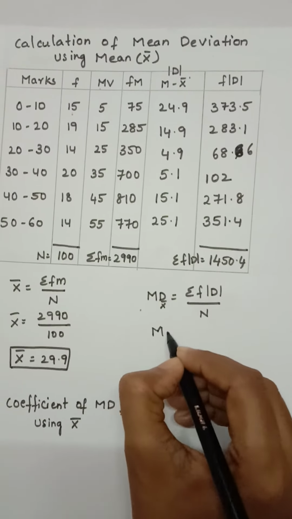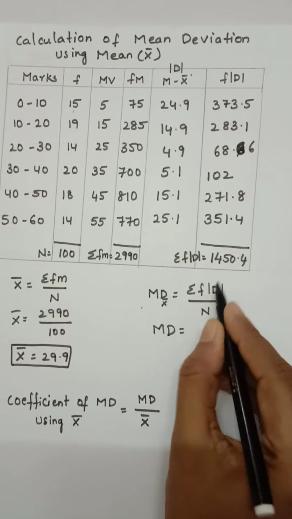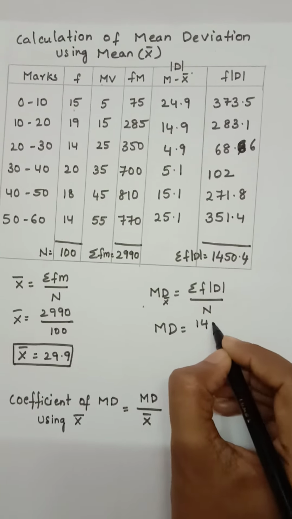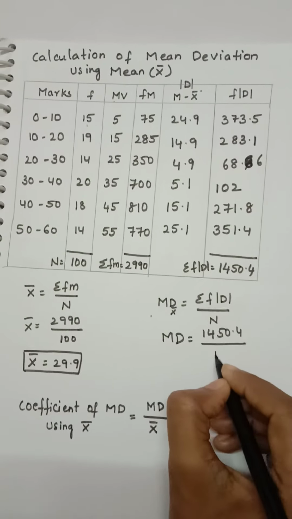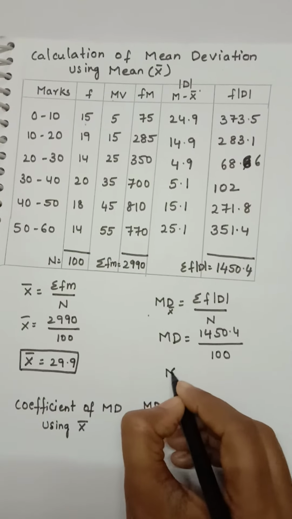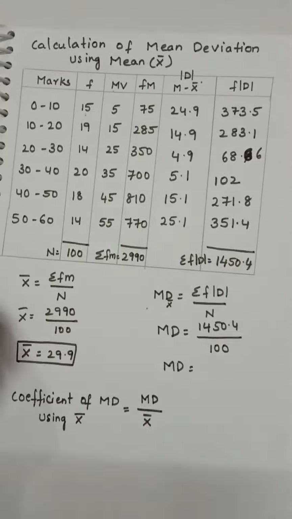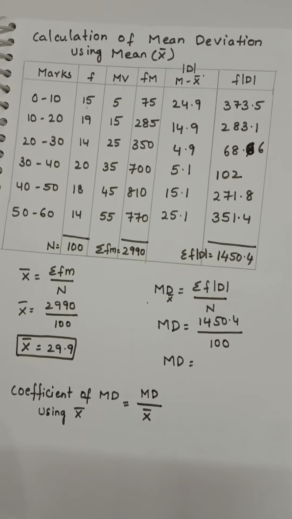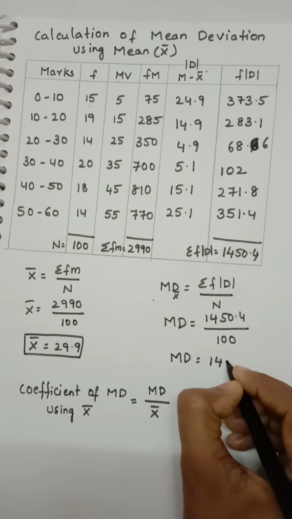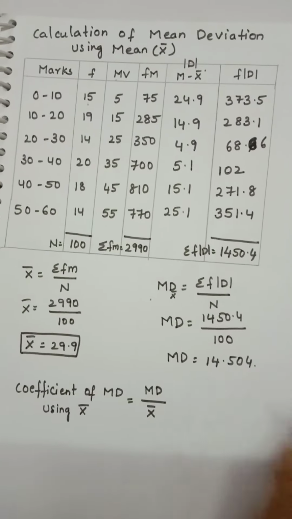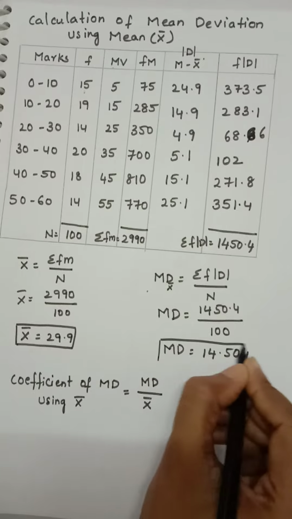So the mean deviation is 1450.4 divided by the n value of 100. So MD is equal to 1450.4 divided by 100, and we will be getting 14.504 as your mean deviation answer.